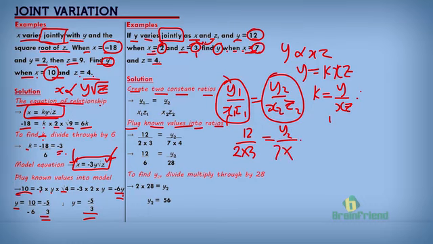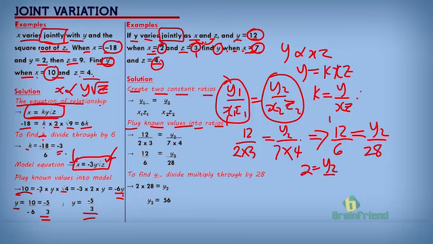And we know what z2 is, 4. So we have our equation set out. Okay, we simply do a quick multiplication there. 12 over 6 is y2 all over 28. 12 over 6 is 2. So 2 is y2 all over 28.